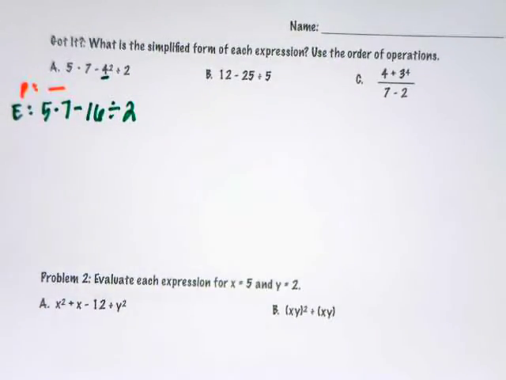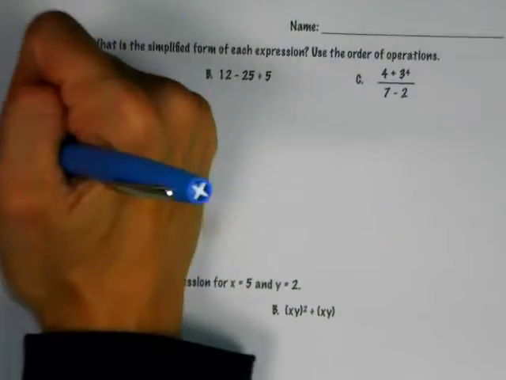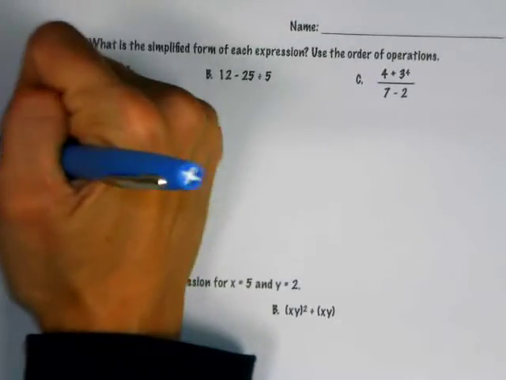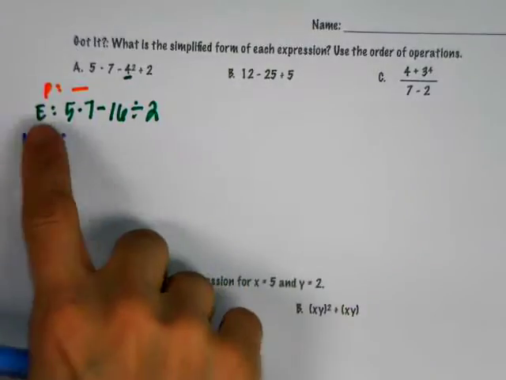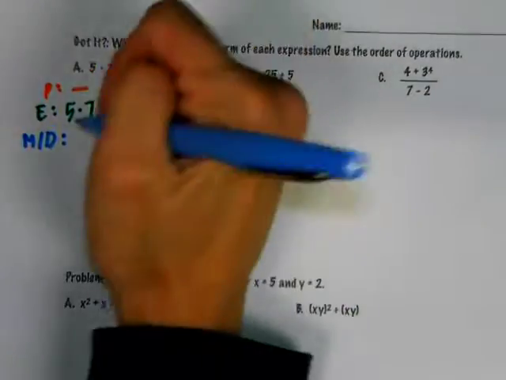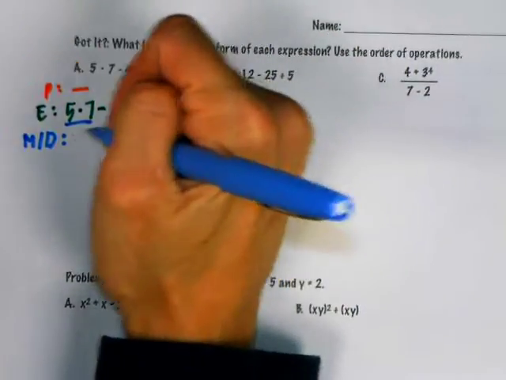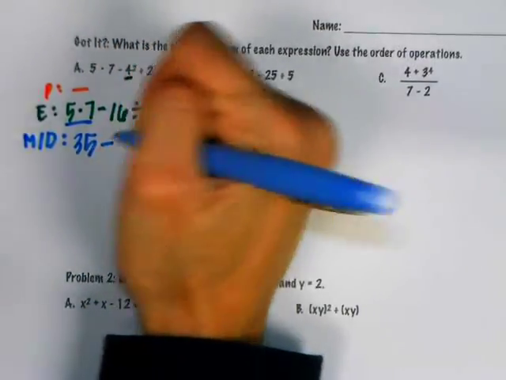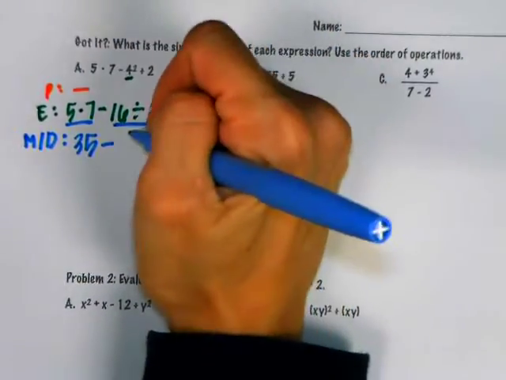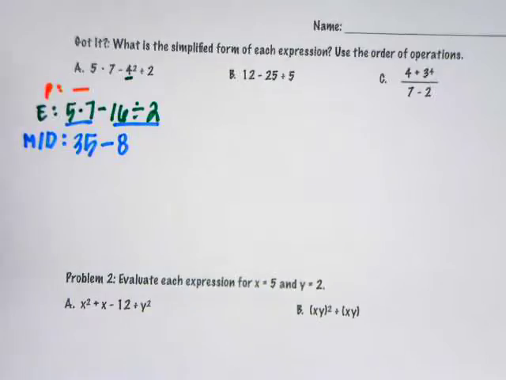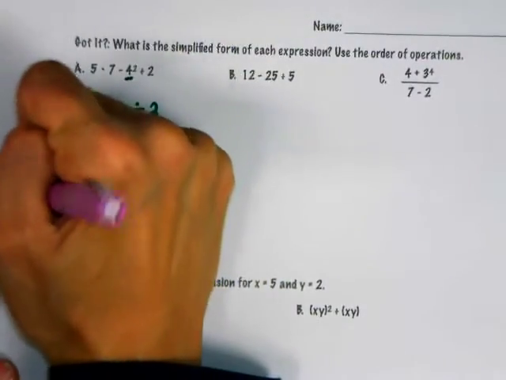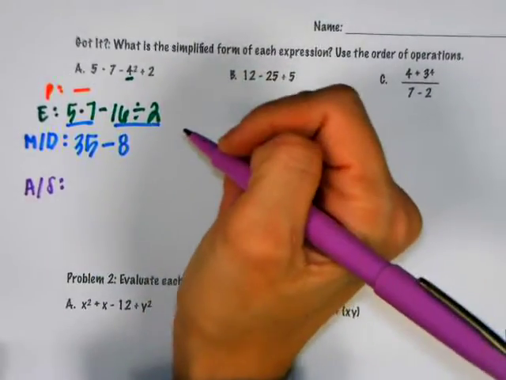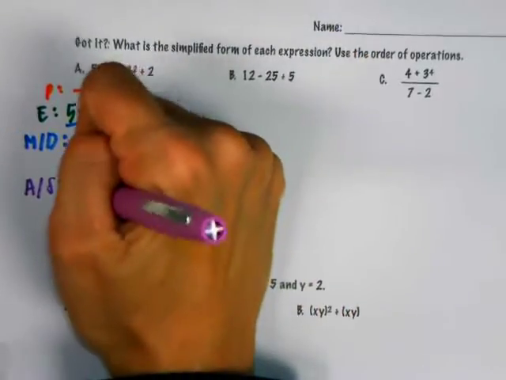No more exponents? Okay, so next you do your multiplication and division from left to right, whichever order it comes in. Starting with the left, we have 5 times 7, which is what? 35. Yep, 35. And we have 16 divided by 2. 8, yep. And now that that's done, you have your addition and subtraction. 35 minus 8 is 27. Yeah.